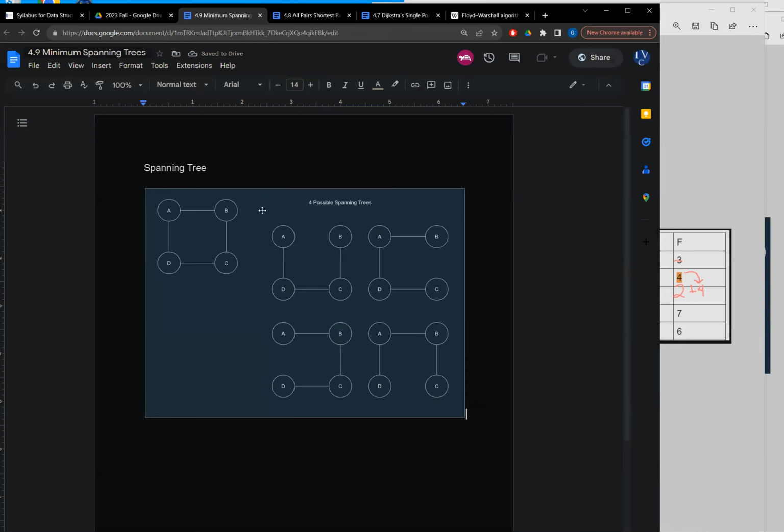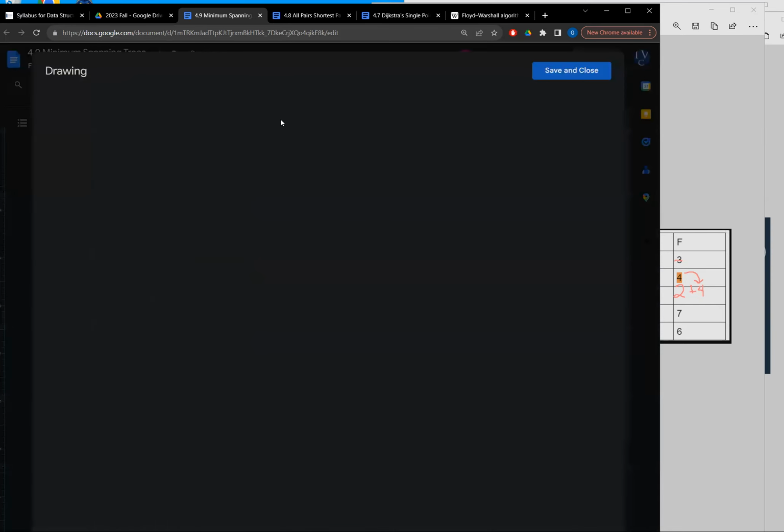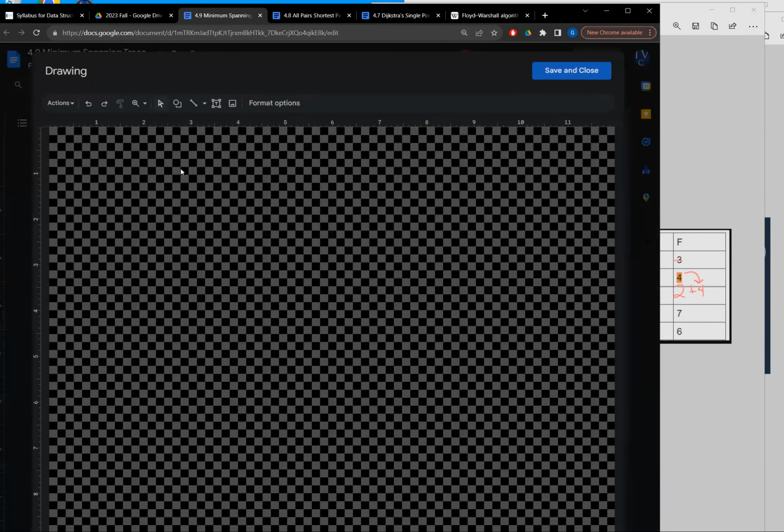Now the trick for a minimum spanning tree is we want to choose the one that has the lowest total path length.